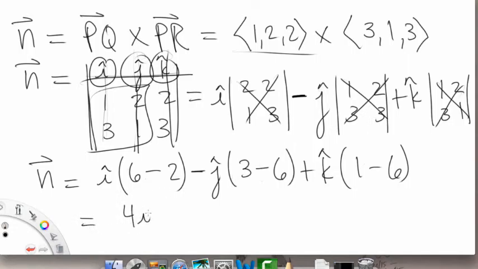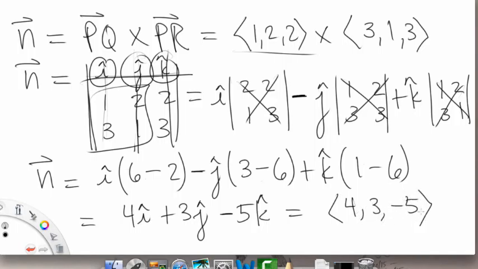So we have positive 4i, then a minus 3, so plus 3j, and lastly a negative 5k. Written as a vector, that's 4, 3, negative 5. So this is ultimately our normal vector to the plane.